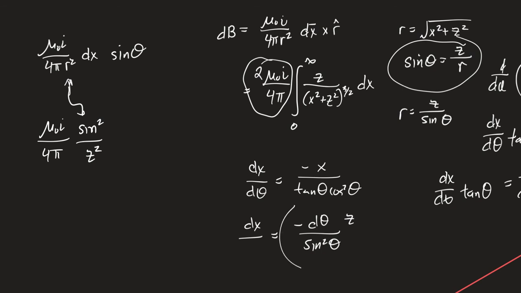Dx minus d theta over sine squared theta times z. This seems too easy.